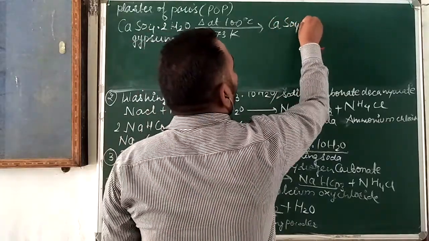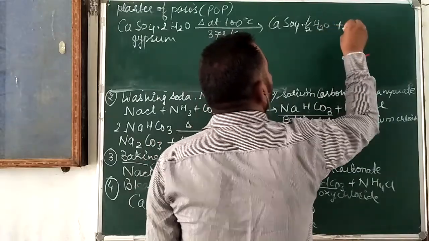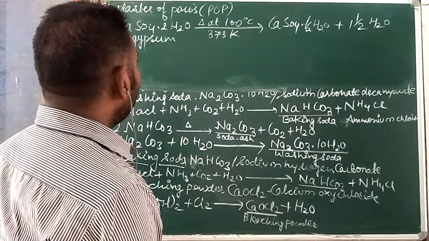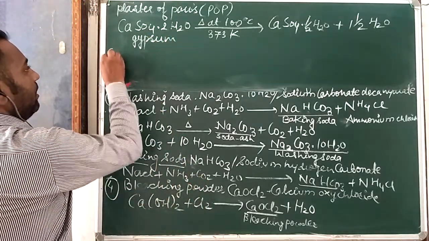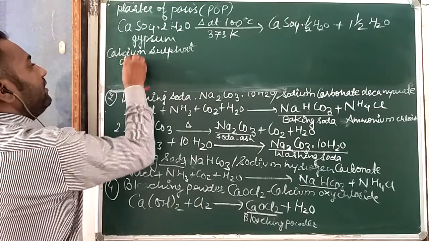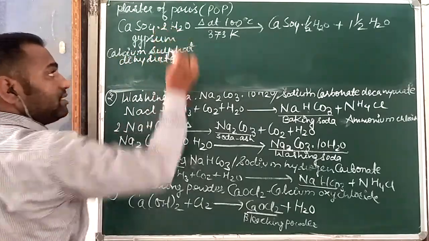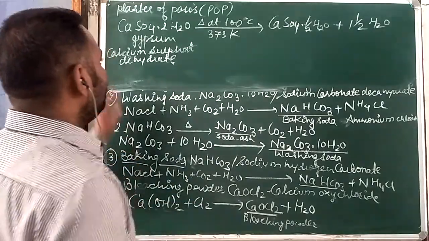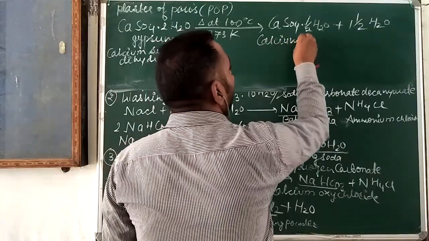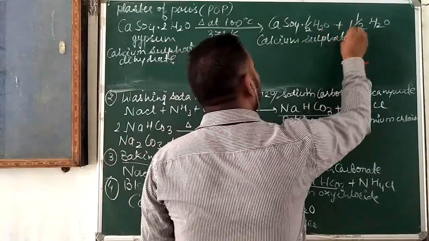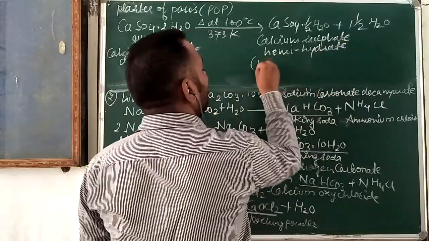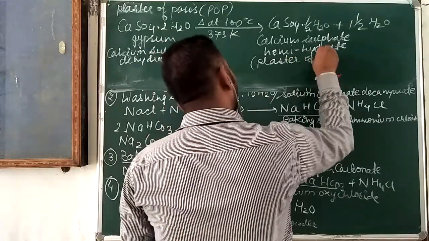Now what is formed here? CaSO4·½H2O plus 3/2 H2O. This is calcium sulfate dihydrate, with two molecules of water of crystallization, and this is calcium sulfate hemihydrate, hemi meaning half, so this is our plaster of Paris.